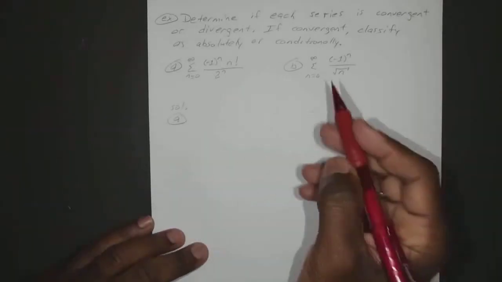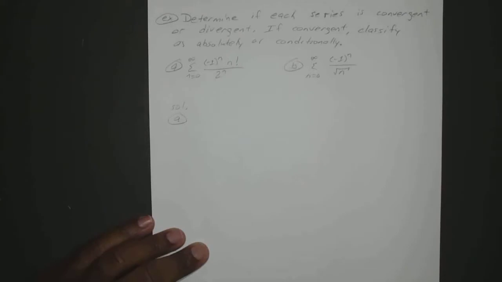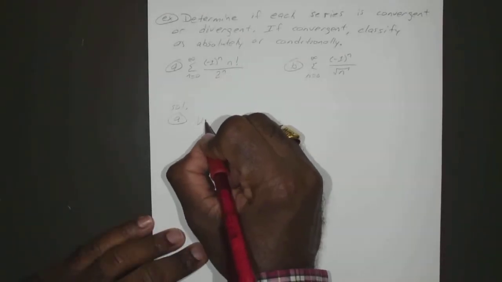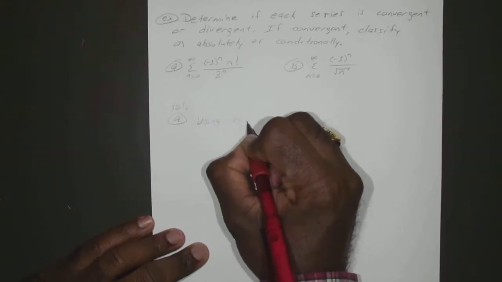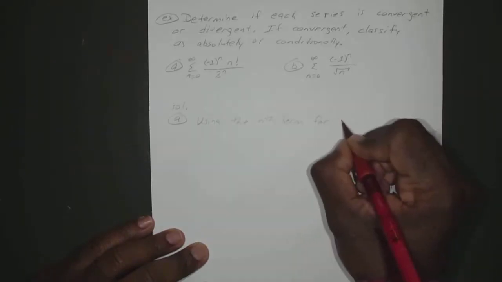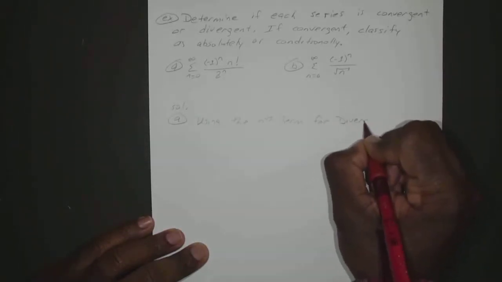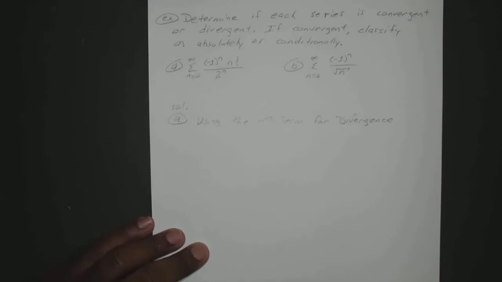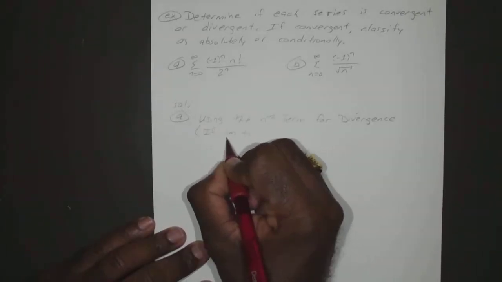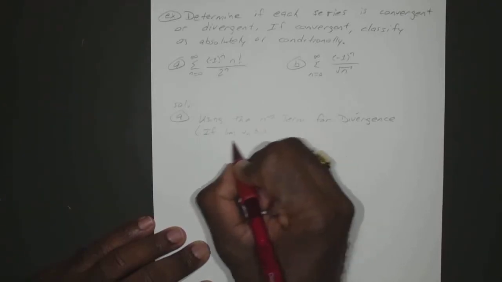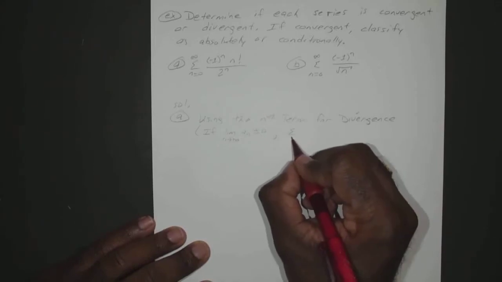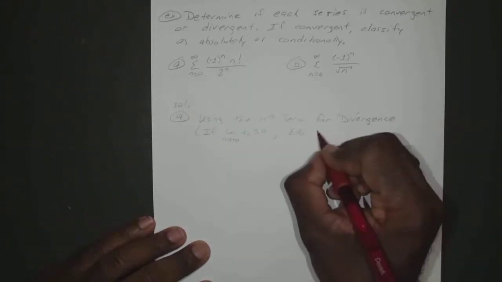Okay. Now for A, because we have that absolute value there, we're going to start a little bit different. So we're going to use the nth term test for divergence, which is, if you remember, if the limit of a sub n doesn't equal 0, then the series diverges.